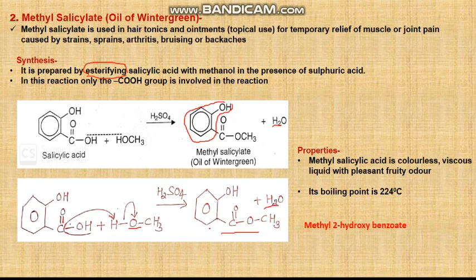So its IUPAC name is methyl 2 hydroxy benzoate. Since this is an ester, in ester we are using oate. So methyl 2 hydroxy, so this is methyl group. So if we are numbering this, this is 1, this is 2, because this always gives a preference in IUPAC system.